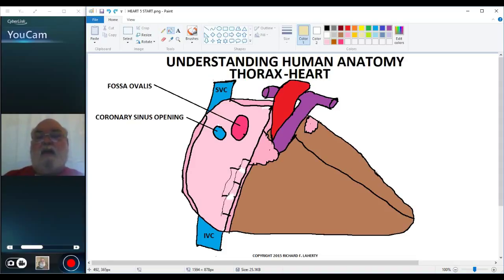And we will color that in with a slightly different color. And this is the opening of the tricuspid valve.